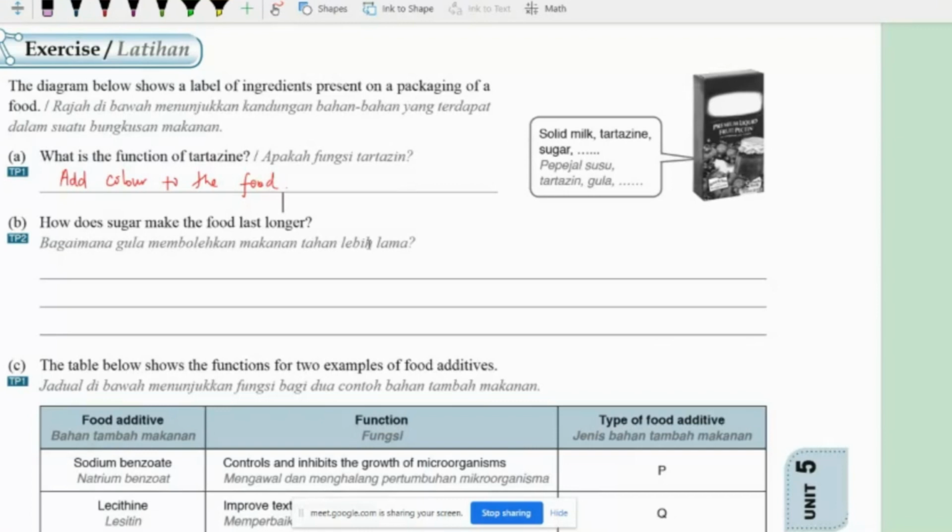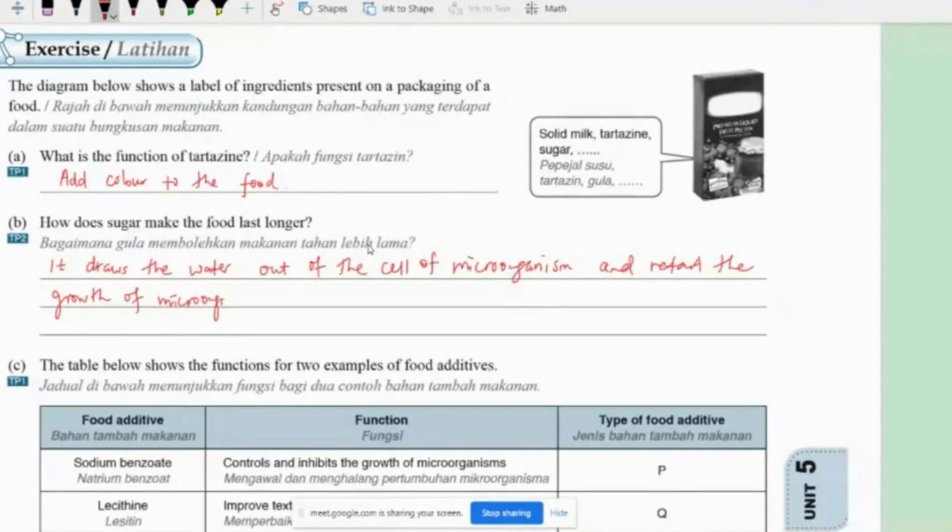So it draws the water out of the cell of microorganism and retards the growth of microorganism.